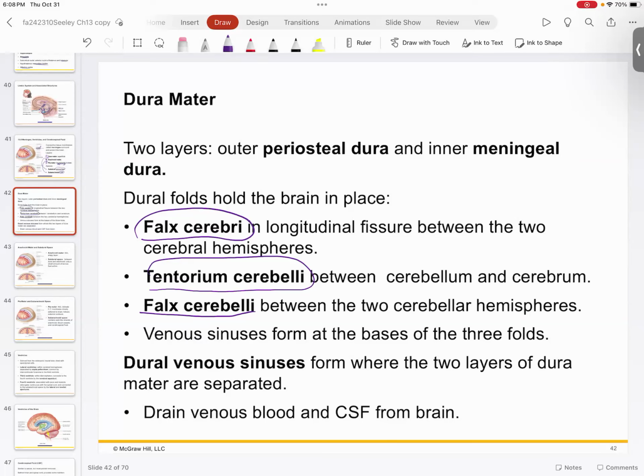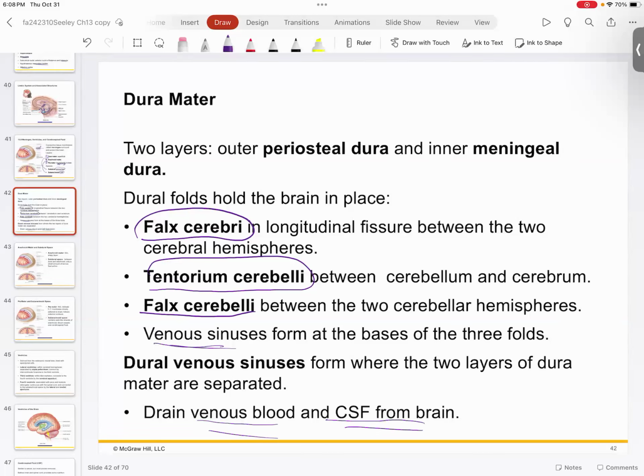Where you see these three folds, you have what are called venous sinuses, and we'll talk more about that. A venous sinus is where the dura separates, and it drains venous blood and cerebrospinal fluid from the brain.